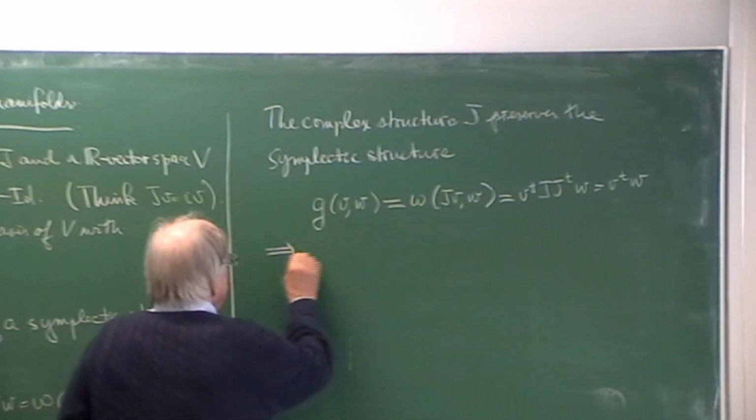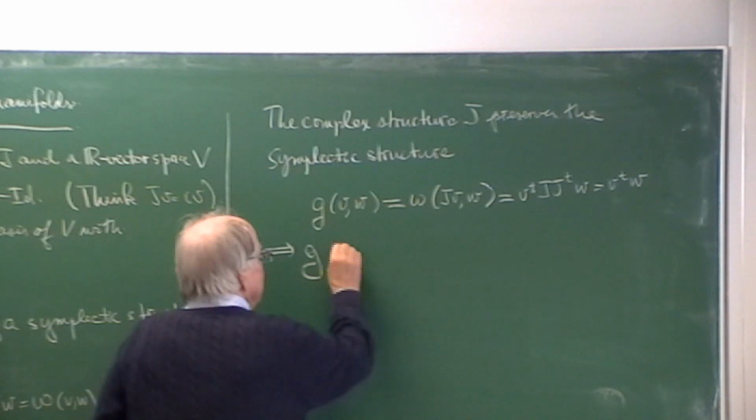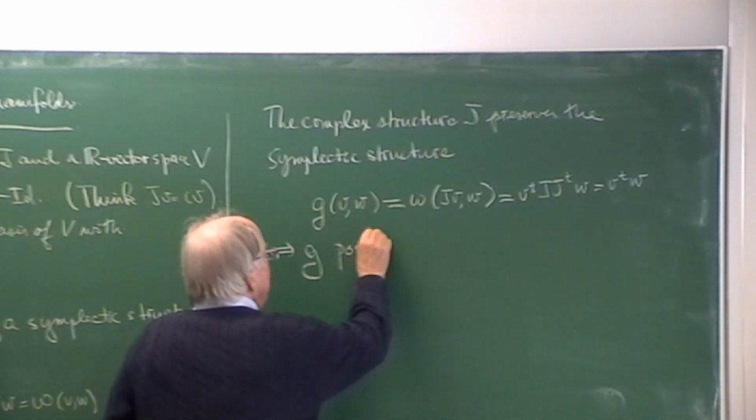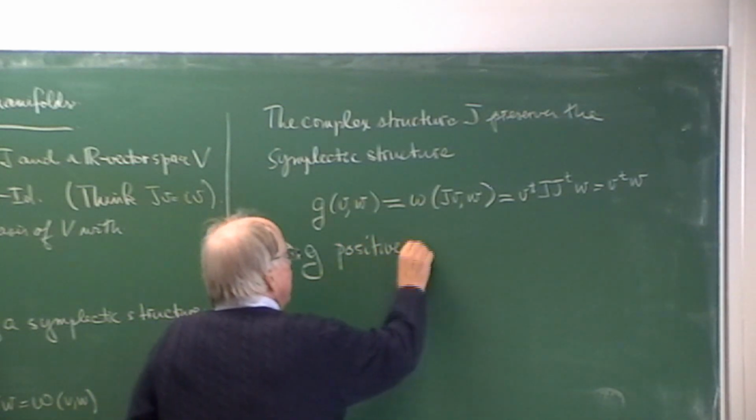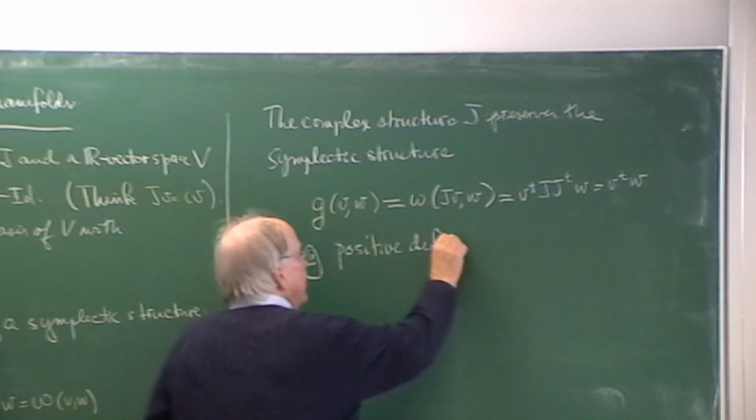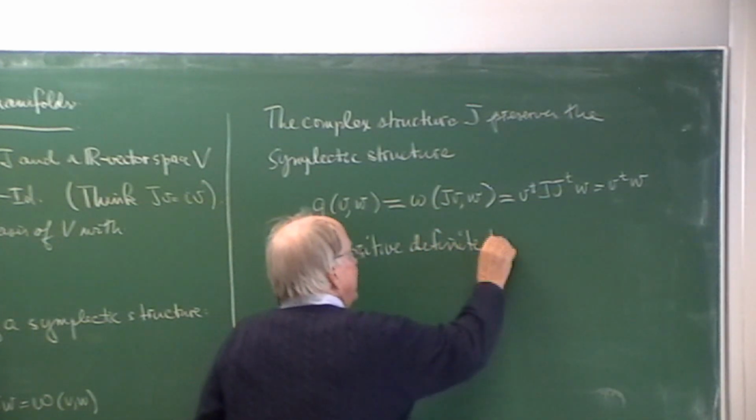This means that G is the standard positive definite bilinear form.